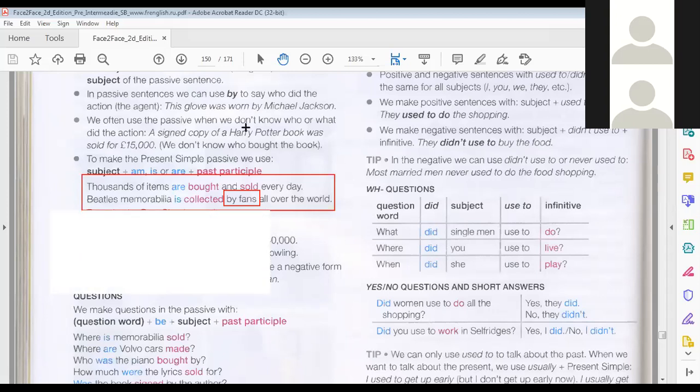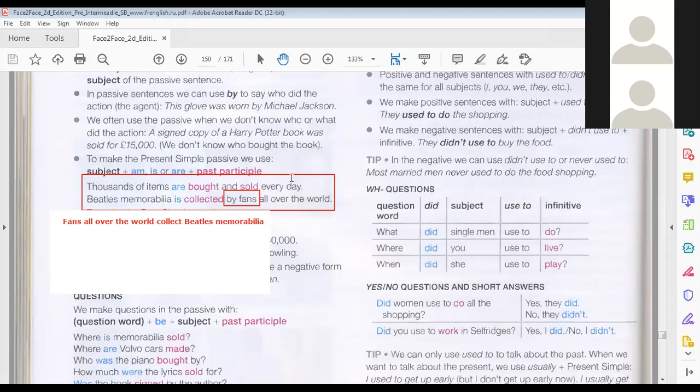So if we change this sentence into active, we can say fans all over the world collect Beatles memorabilia. Do you see this sentence? So in this sentence, the focus is on the fans. But in the passive sentence, the focus is on the Beatles memorabilia.